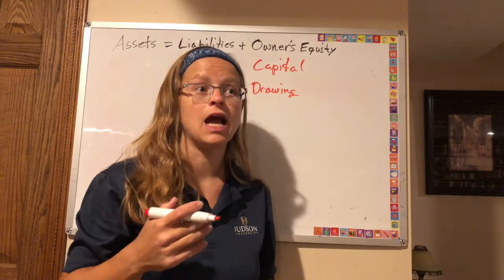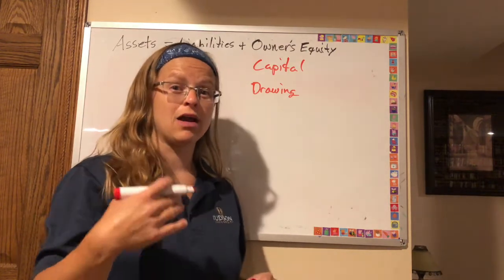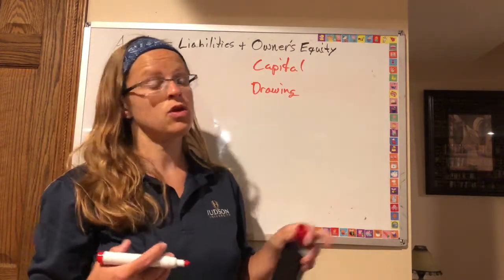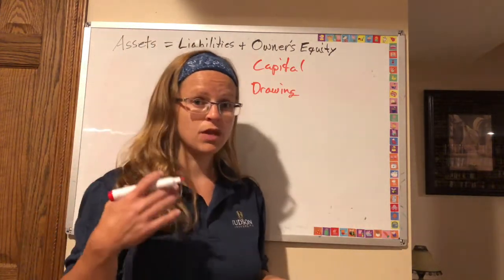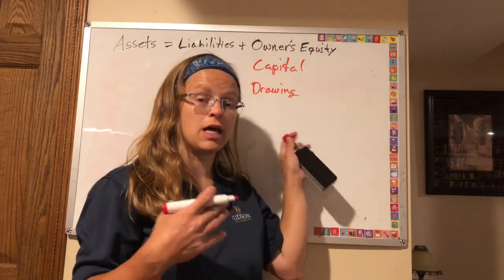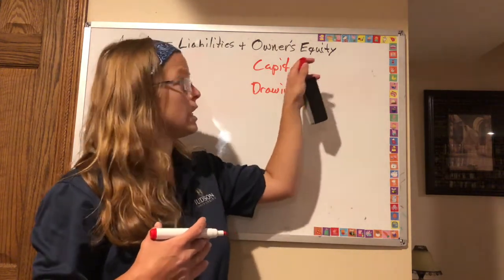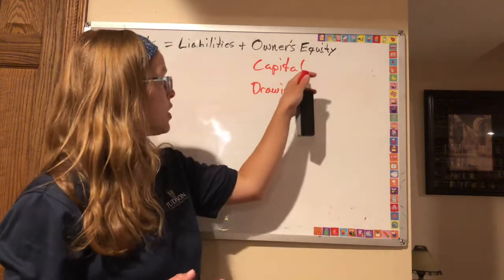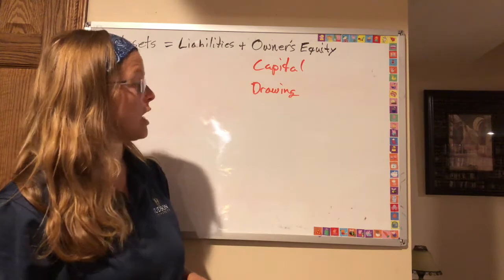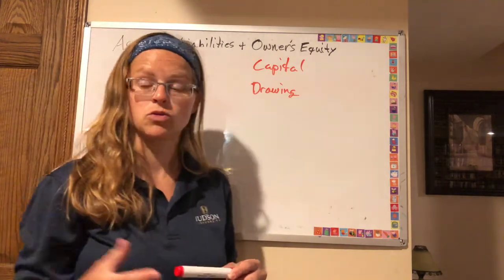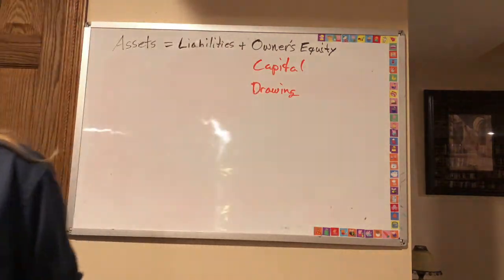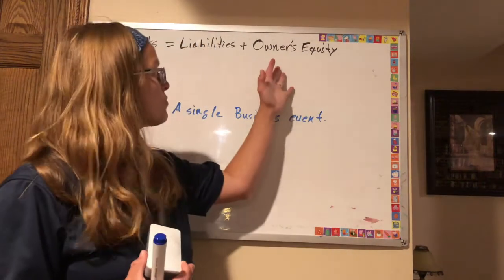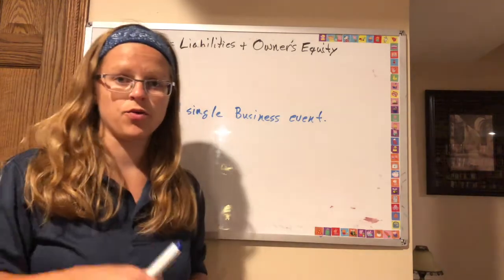So that's any time the owner decides to take money out of the organization for their own personal use, that is a drawing account. So capital includes net income from the income statement, and it includes the owner's equity from the owner's equity statement. All right, so capital and drawing are the owner's equity accounts. So those are the various accounts within the basic accounting equation, and we're going to go through those more.